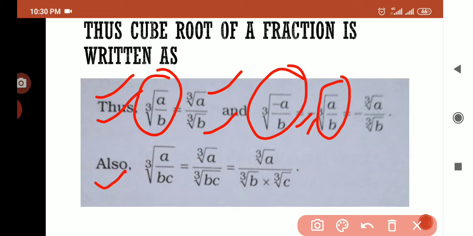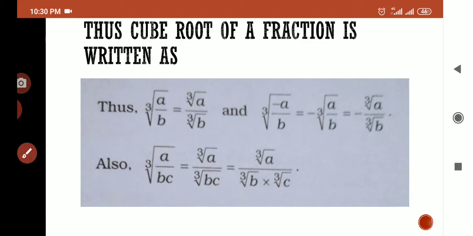Now in the third form, if the numerator is an individual number and the denominator is a product of two numbers, then the cube root can be written as cube root of a upon cube root of b into c, and we have already discussed the process to calculate the cube root of the product of numbers. Therefore it can be written as cube root of a upon cube root of b into cube root of c.